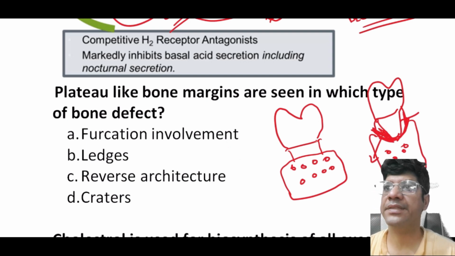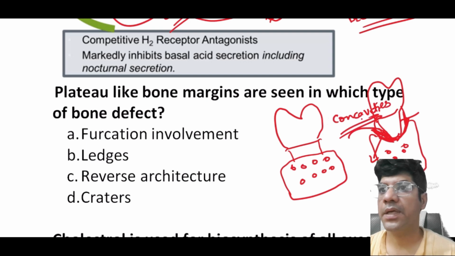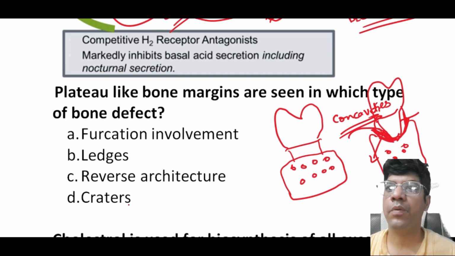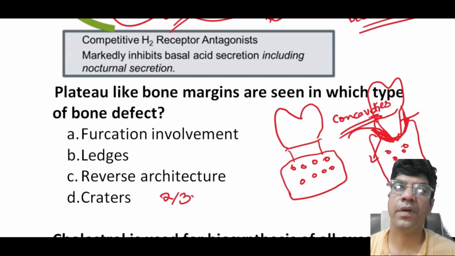So what are these? These are the concavities in the cleft of the interdental bone that are confined within the facial and the lingual wall. And remember, these craters form around 2/3 of all mandibular defects.